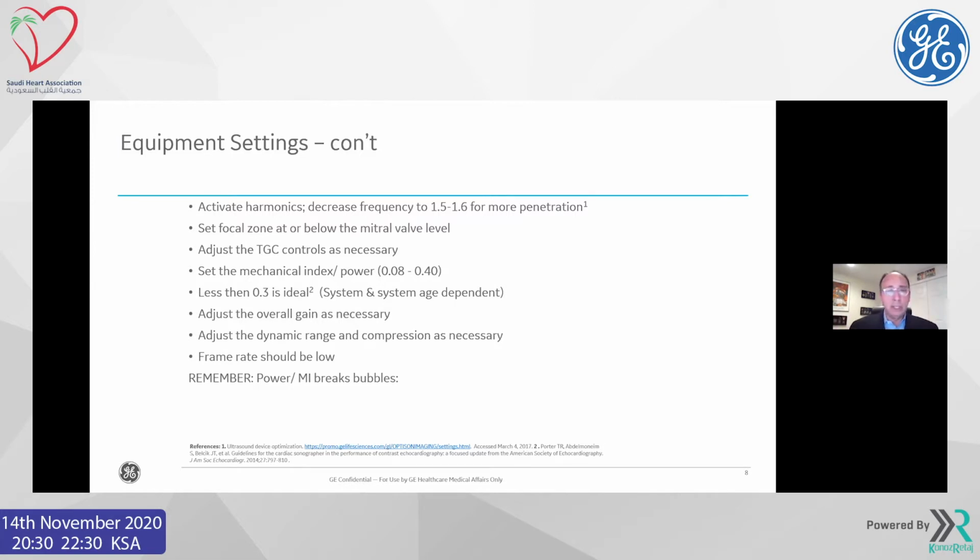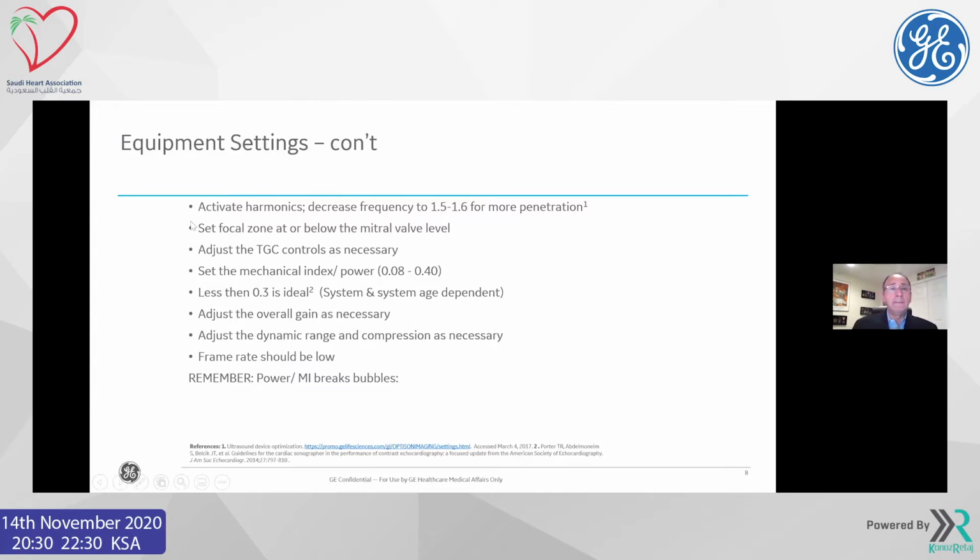But there is nowhere on your system that you're going to find power amplitude modulation, or it won't say pulse inversion, or it won't say multi-pulse sequencing. Those things are just accepted: when you activate your software, it will automatically come up. So harmonics is activated sometimes automatically. You can take it off, but typically when you activate the software, it comes right on.